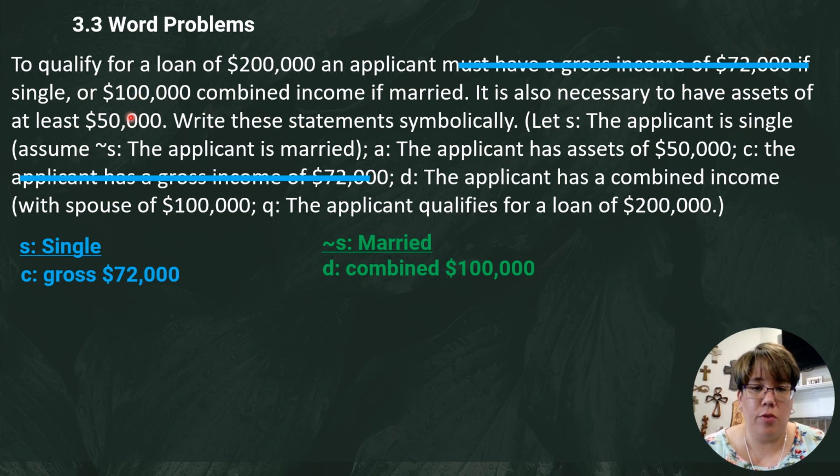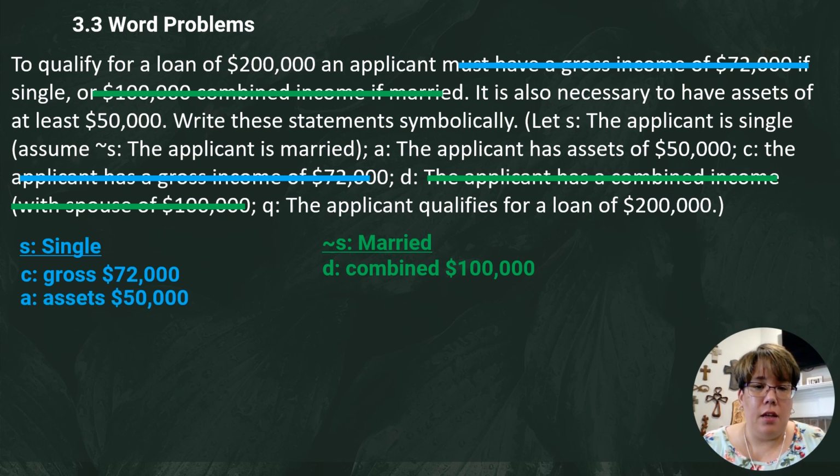That was from right here: $100,000 combined income if married. So I'm going to write that, and they gave that the letter D, so I mark that out. I'll put that under the married people. Okay.